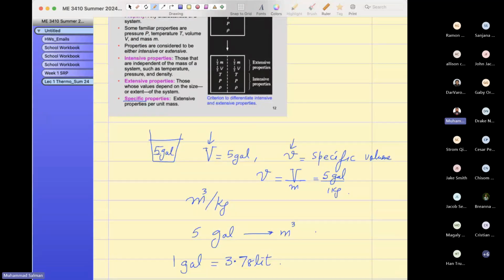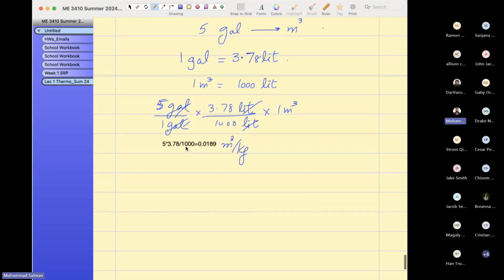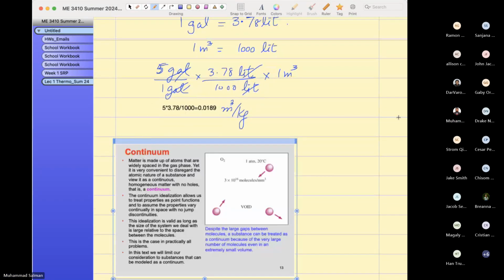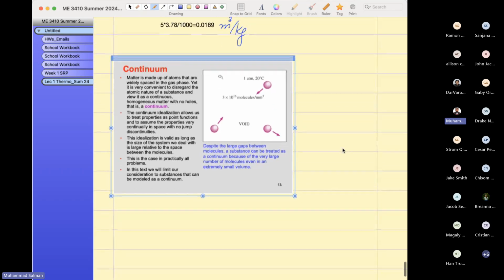Okay, now the next slide is talking about continuum. Continuum is a word used for a macroscopic way. Like you don't worry about the atomic level or the molecular level. Matter is made up of atoms that are widely spaced in gas phases, yet it's very convenient to describe it as continuous.